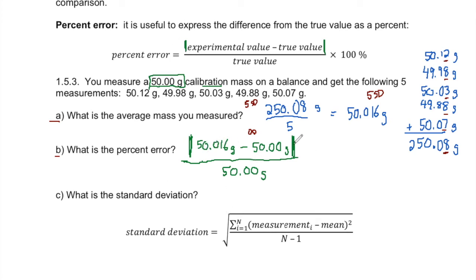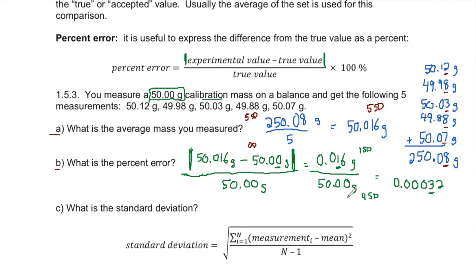Okay, when we do this, we get 0.016 grams, but since this is only known 2 past the decimal, we are now limited to being 2 past the decimal. I'm going to keep this extra digit for now, but I'll keep in mind that this numerator now only has 1 significant digit. And we have 4 significant digits in the denominator.